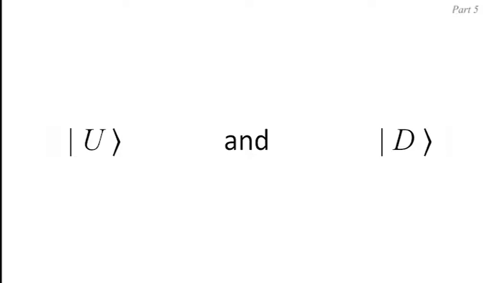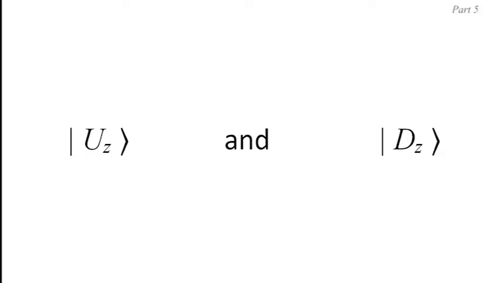I have put the simplest possible shorthand label for the up and down states, the letters U and D. I think I will also add a Z subscript to these, just to emphasize that by up or down, U and D, I mean in the Z direction. Now this shouldn't really be necessary because we've stated what our coordinate system looks like, but it might remind some people that up and down mean in the Z direction.